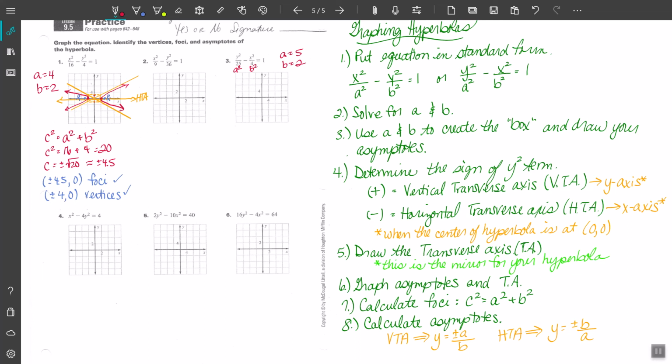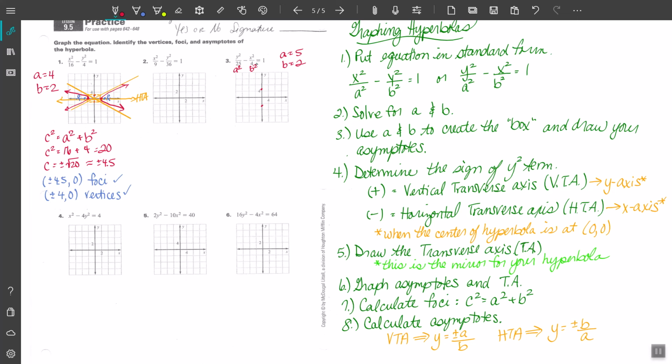All right, we're going to use those two numbers to create the box that's going to help us draw our asymptote. So my a term of 5 is underneath the y term. So that means I'm going to go to the y-axis and go up 5 and go down 5.